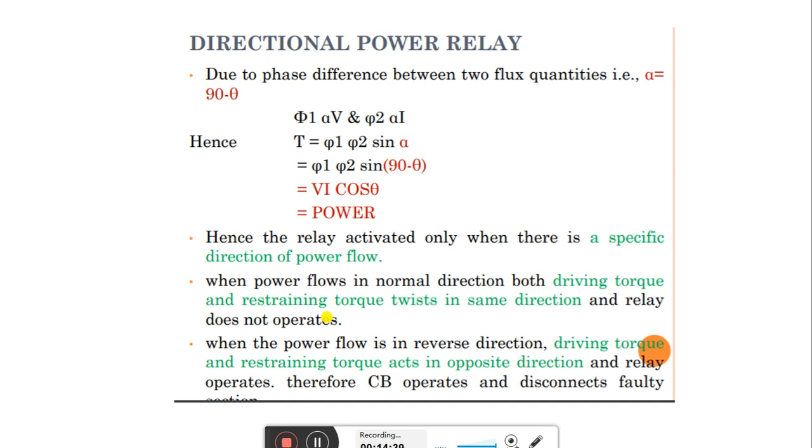So there will be a reverse power flow from the bus bar towards the DG set, and if that happens, the DG set winding may be burnt off. To avoid this, the reverse power relay or the directional power relay will operate as soon as there is a reverse power flow from the bus bar towards the DG set, so that further damage to the DG set could be avoided. That is the application of the directional power relay.